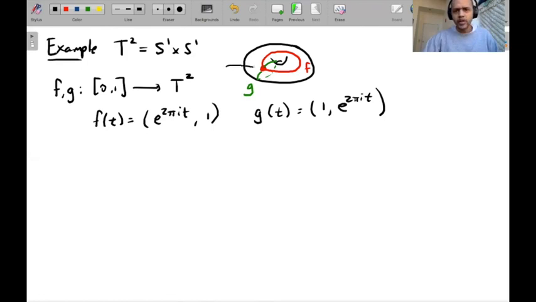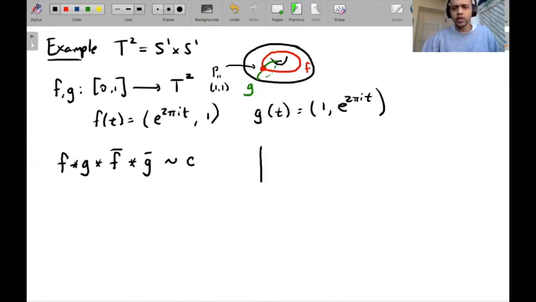Okay, and here's our base point, P, which is equal to the point (1, 1). The thing I want to observe is that F concatenated with G, concatenated with F in the reverse direction, concatenated with G in the reverse direction, is homotopic to the constant.